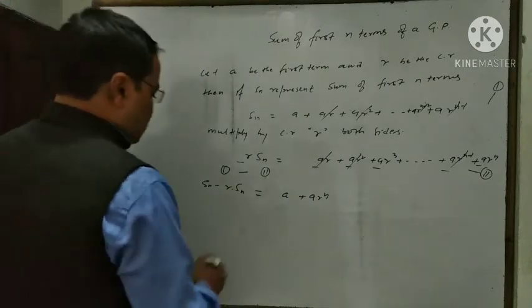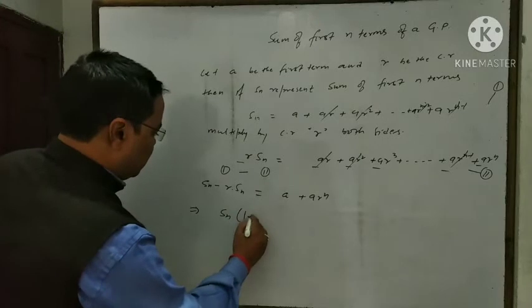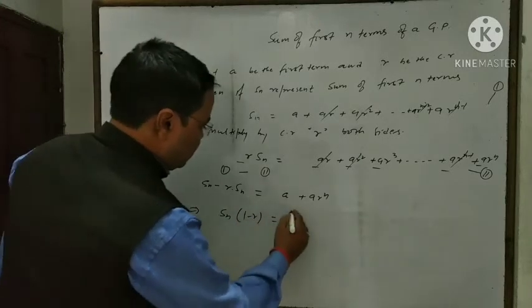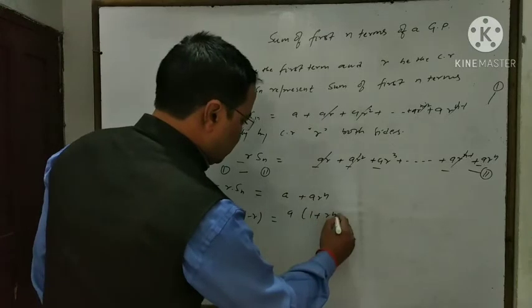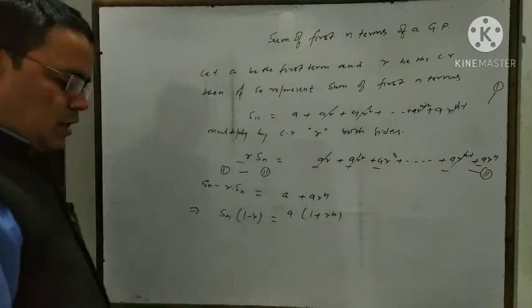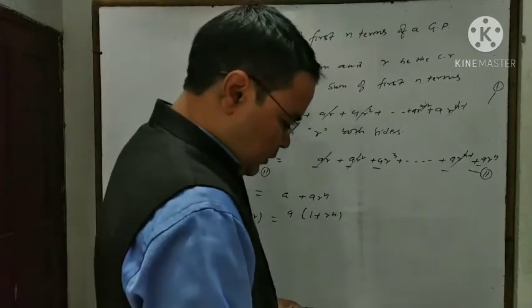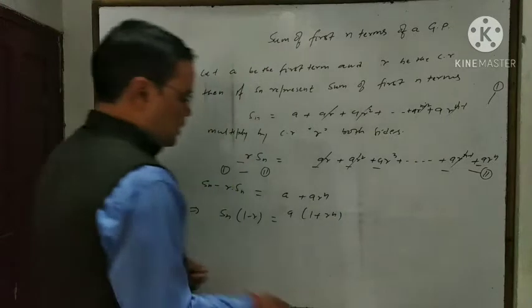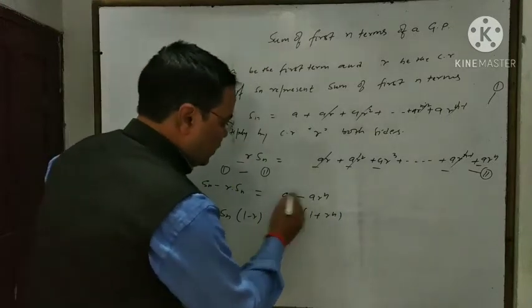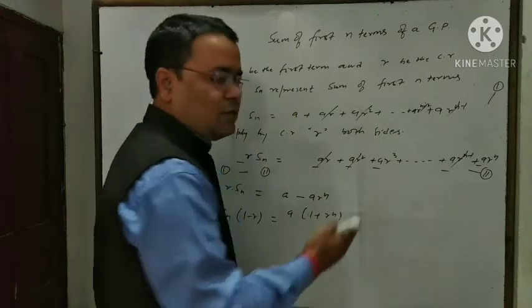Now here if we take Sn common, it will be 1 minus r. If we take a common, it will be 1 minus r to the power n. Because we are subtracting, the sign will be changed.